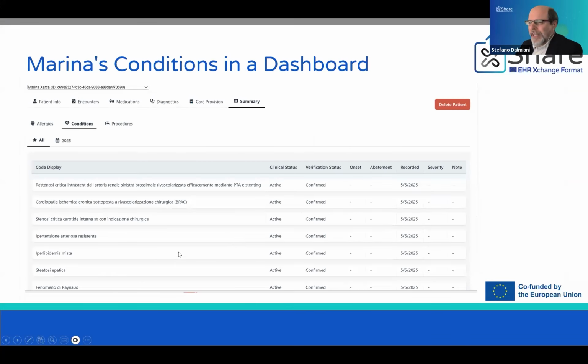After the investigation, or included in it, we might have some merging of the information that was available for Marina, usually contained in the hospital EHR, with information coming from the EEHRxF format. Here you can see, in Italian, the list of conditions that affect Marina as detected by the physicians. And this is something that might be easily translated, as we will see later.